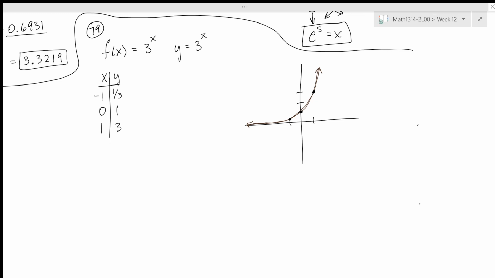What's the second S? Finding an inverse function, what's the second S? Switch. We're going to switch x and y. And can y'all see now that the y is up in the exponent position? So what is the third S?